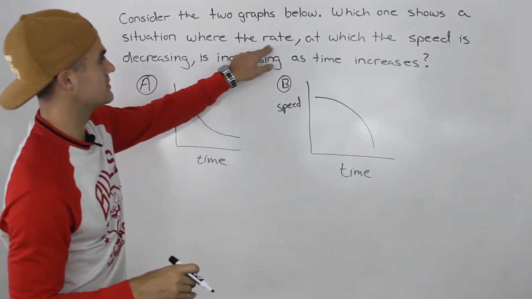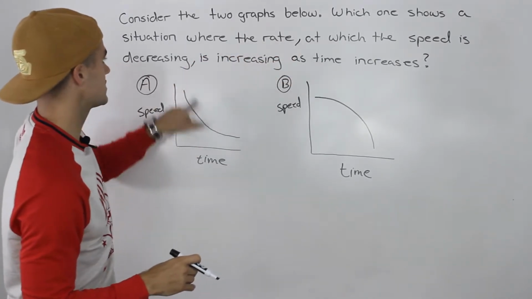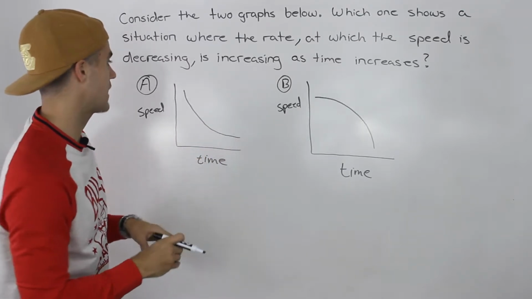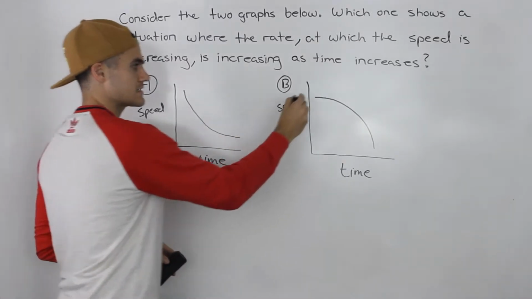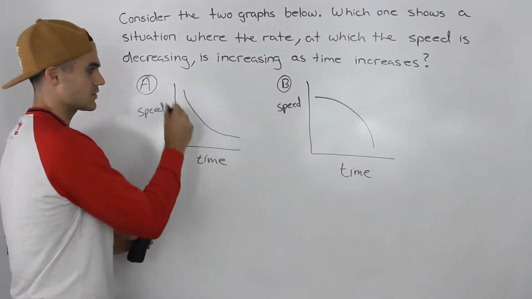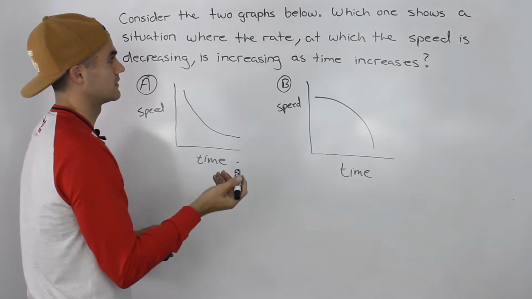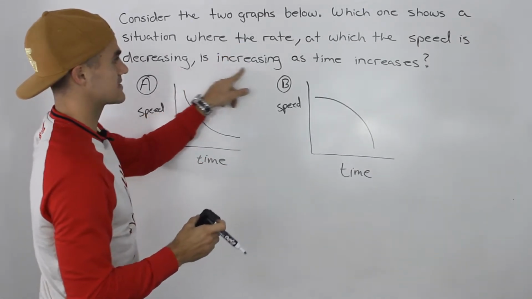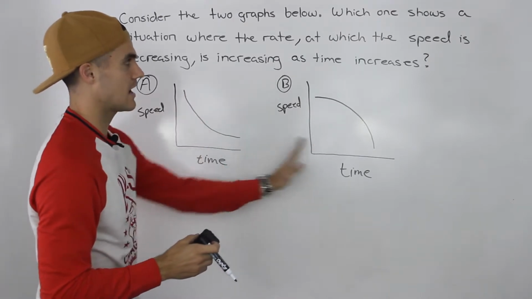Looking at both of these speed versus time graphs, the speed is decreasing for both of them. It's just decreasing at a different rate. And the rate at which the speed is decreasing has to be increasing as time increases.